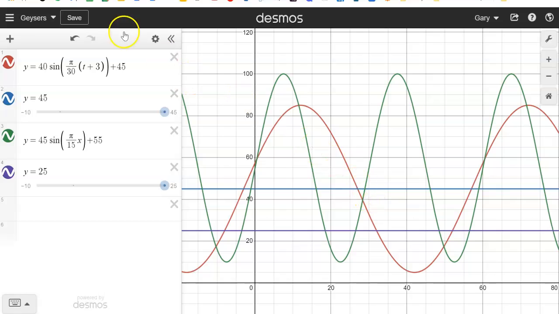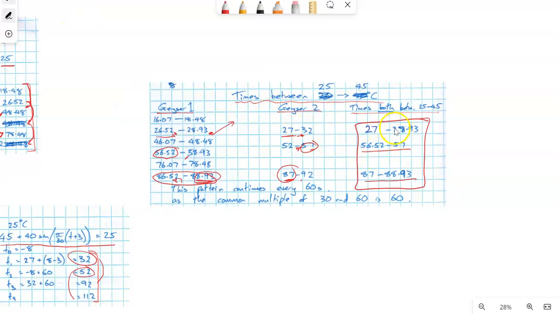So all of these times here where they are both closed are going to just repeat themselves every 60 seconds. So that's why 27 plus 60, that's why this is 87, right? And so this one I'm going to add 60, and that's going to be the next time where both of them are closed, okay?